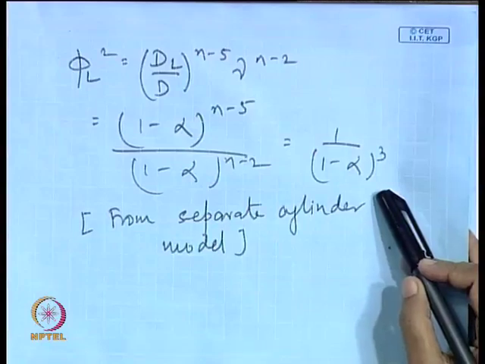An idealized annular flow situation where the entire liquid flows as a film and the entire gas flows as a core. Agreed? For this situation, I applied the Lockhart-Martinelli correlation to find phi L square. And what did I get? I obtained phi L square equal to 1 by 1 minus alpha whole cube.